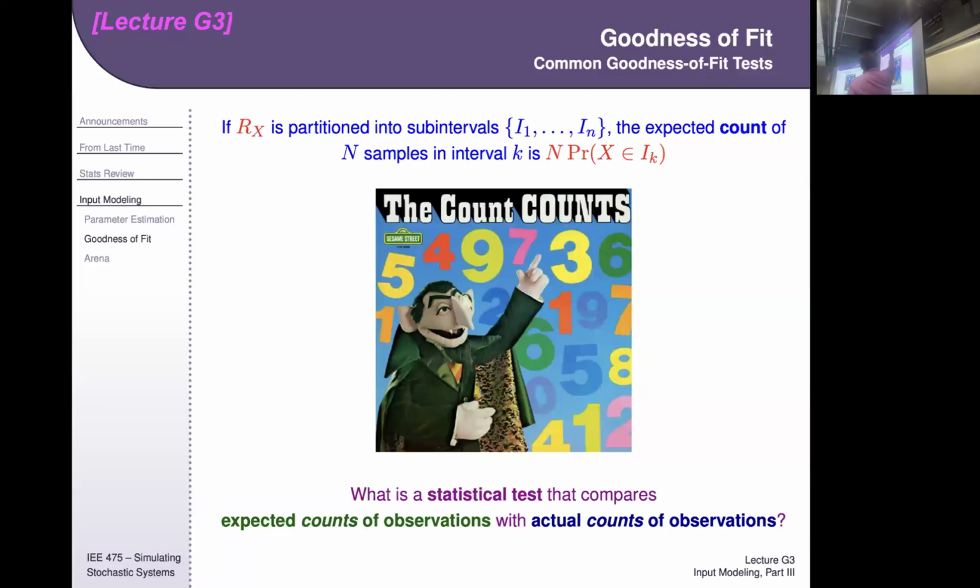The goodness of fit tests you typically use are going to be based on counts. We're trying to fit distributions, so how do we tell if a distribution matches? We count up how often our real data falls into bins, and then compare those to expected counts if that distribution was the true distribution. Whenever you hear count, a synapse should fire and certain statistical tests should pop up in your head.